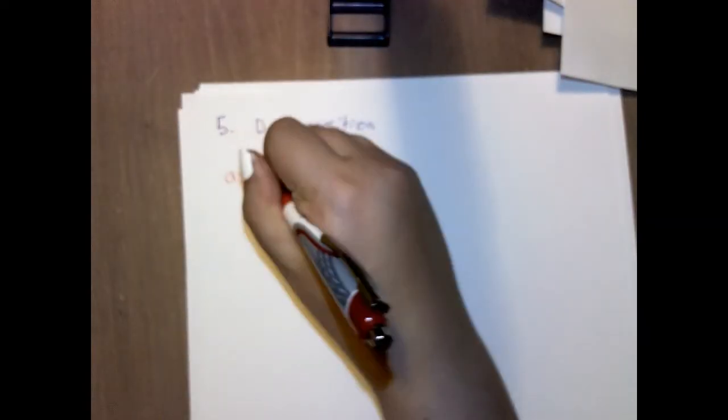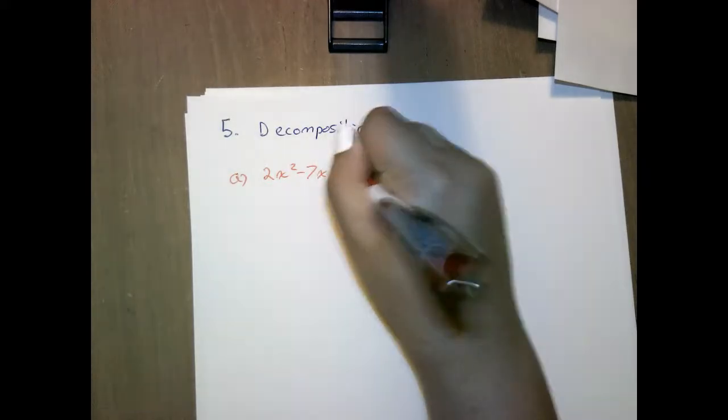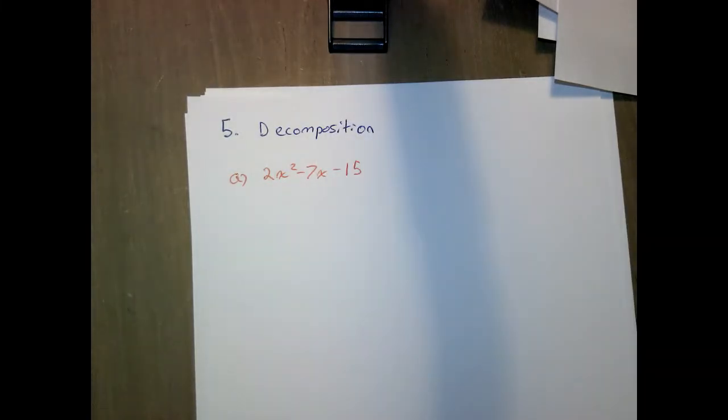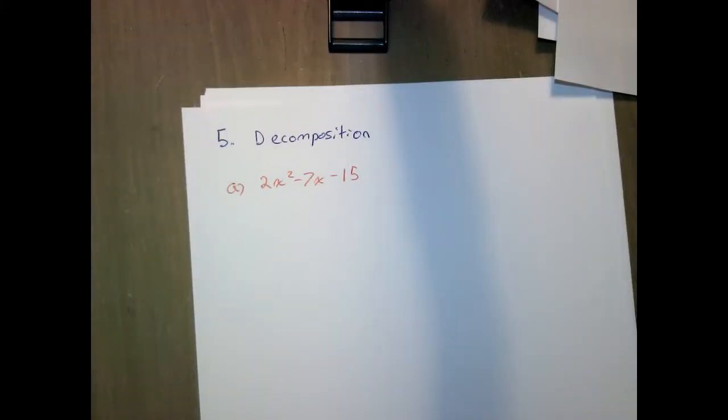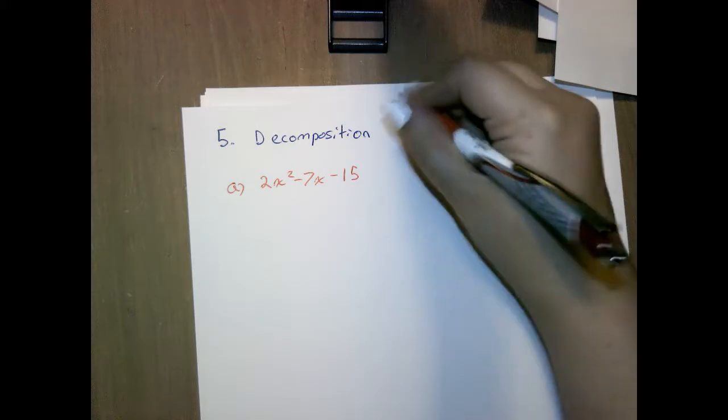All right, so factoring by decomposition, let's look at the example A. We're going to look at 2x squared minus 7x minus 15. So similarly to the simple trinomials, in this case, this is what we call a complex trinomial.